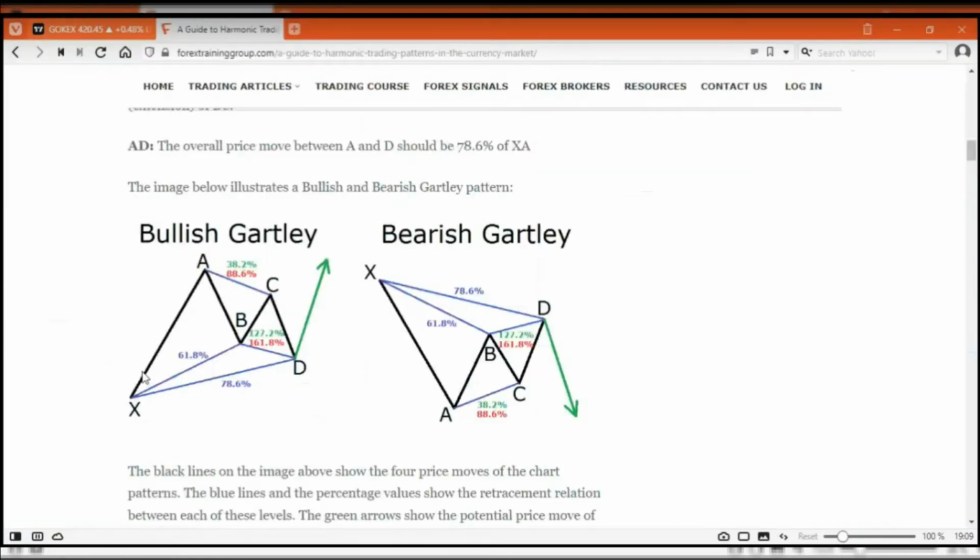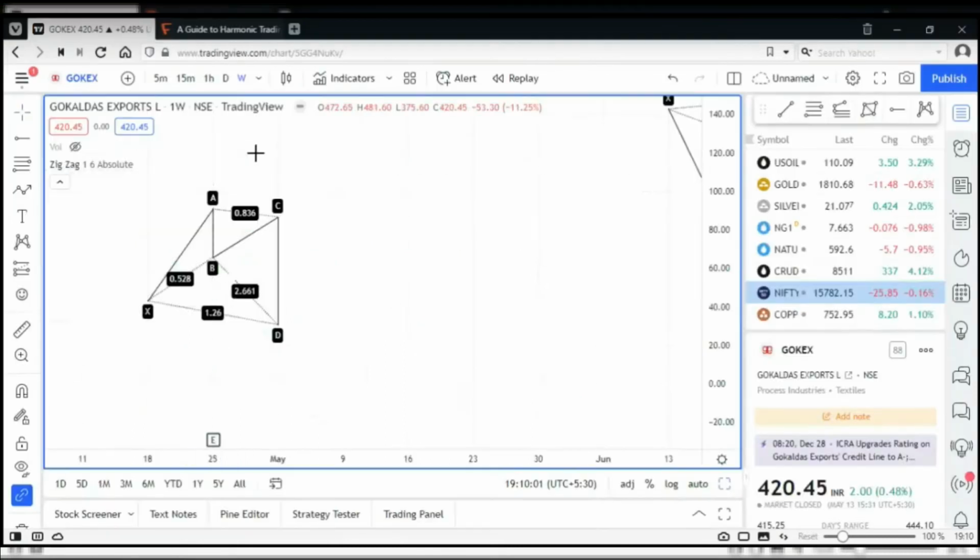So for bullish Gartley, from A to B, B to C should come to a minimum of 0.618 or 61.8%. That means 0.382 to 0.618 should be the X to A to B value. As we checked here, it's inside 0.618, it's 0.582. That's for bullish Gartley.